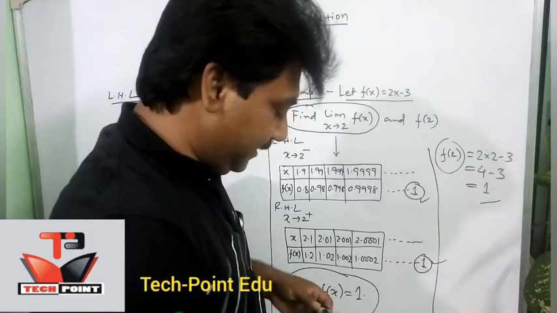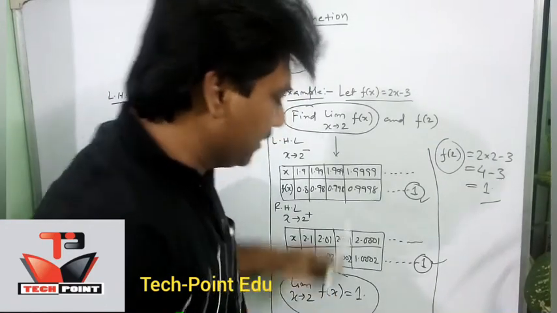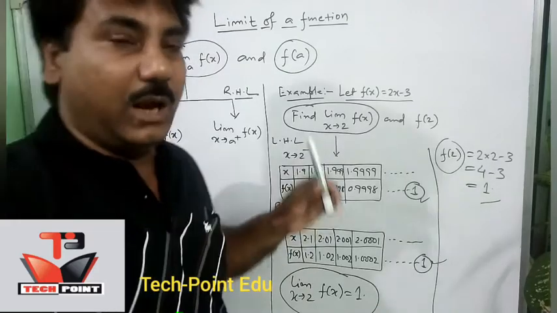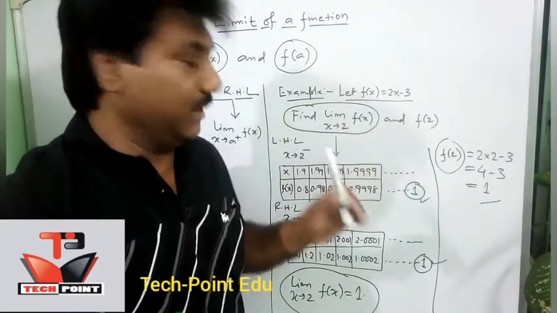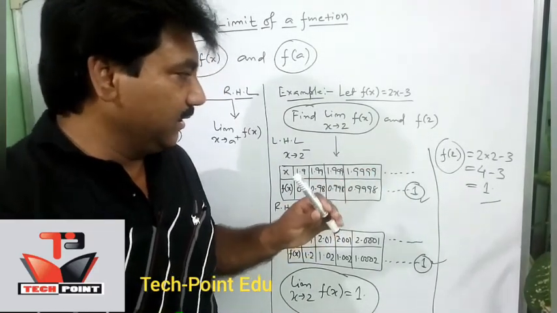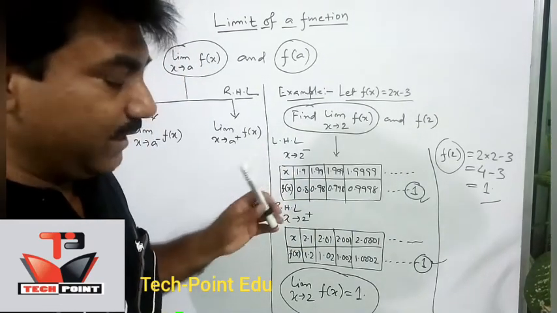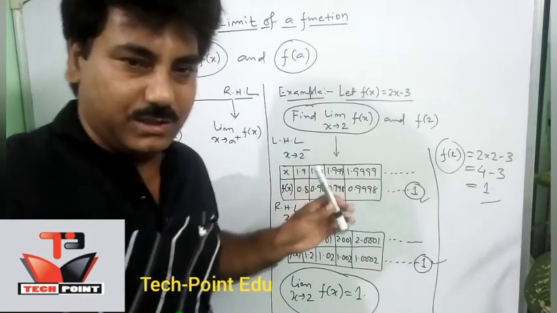Now this gives you the actual definition of limit, when limit exists and when limit does not exist. That is very important here. Now I will show you formula wise when limit exists and when limit does not exist.